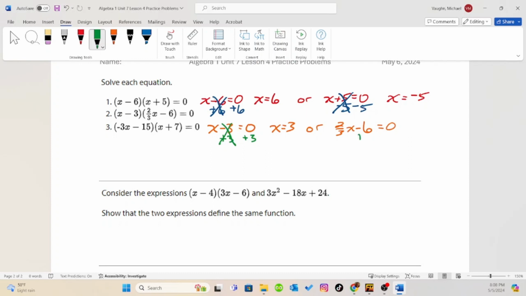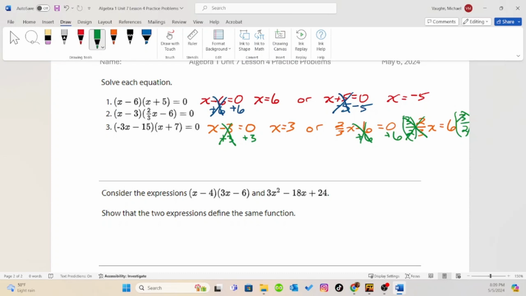The first thing we would do is add 6 to both sides to eliminate it from the left. This would give us 2/3 x equals 6. Then we multiply by the inverse, which would be 3/2. This allows cancellation on the left.